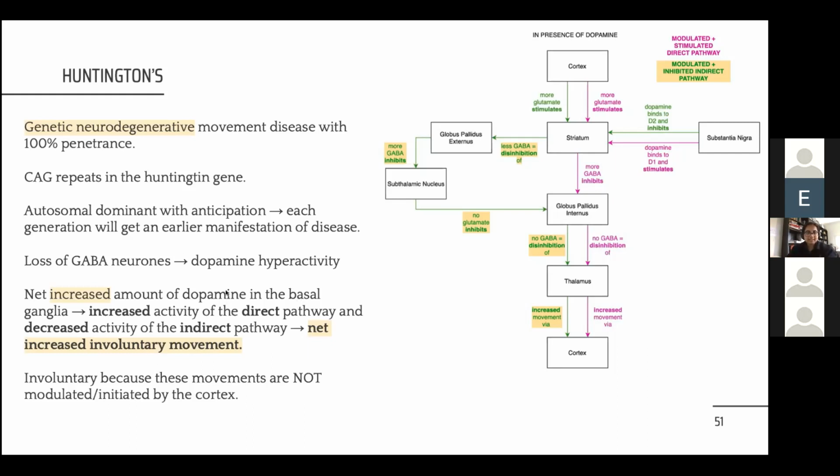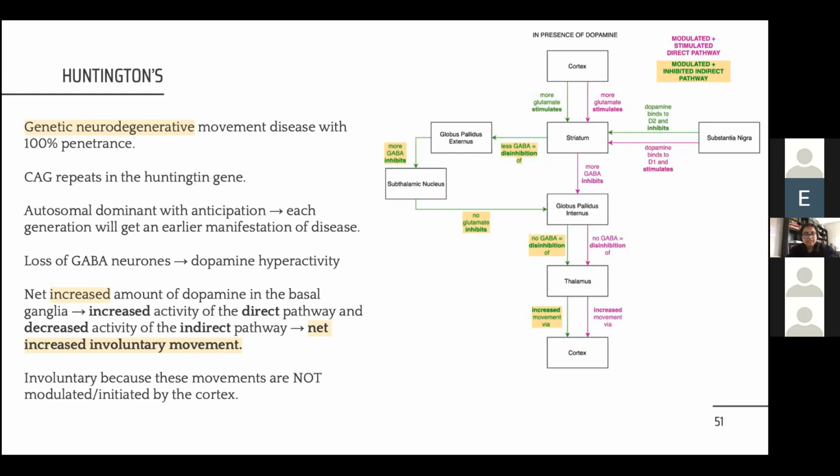What happens with Huntington's is you lose your GABA neurons. The GABA are the ones that are inhibitory, right? So that means dopamine kind of takes over. Because there's no GABA, there's a net increase in the amount of dopamine available in the basal ganglia.